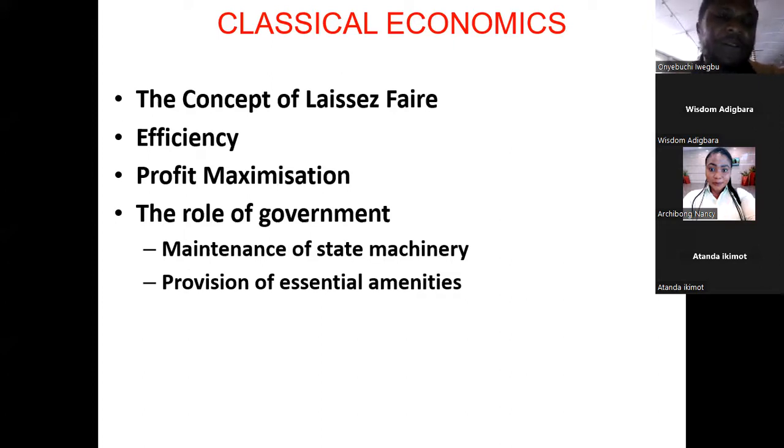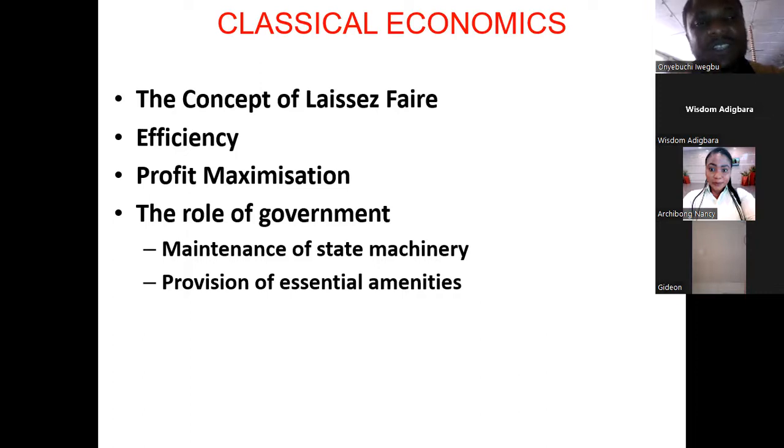So that free market economy simply says that the means of production, distribution, and exchange of goods and services, the decision on what to produce, for whom to produce, how to produce, when to produce, majorly rest on the people.